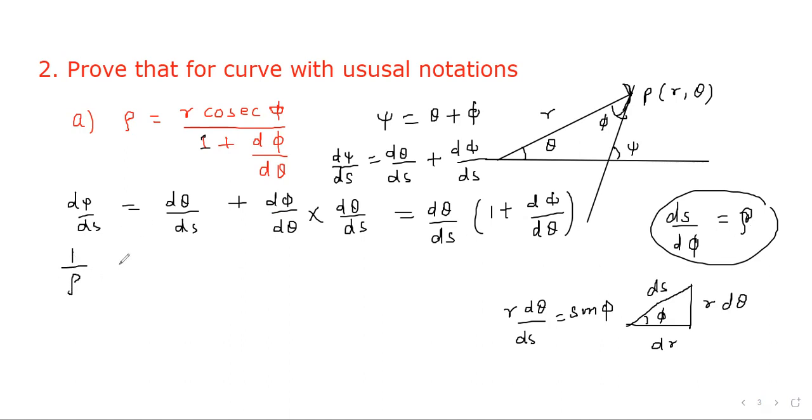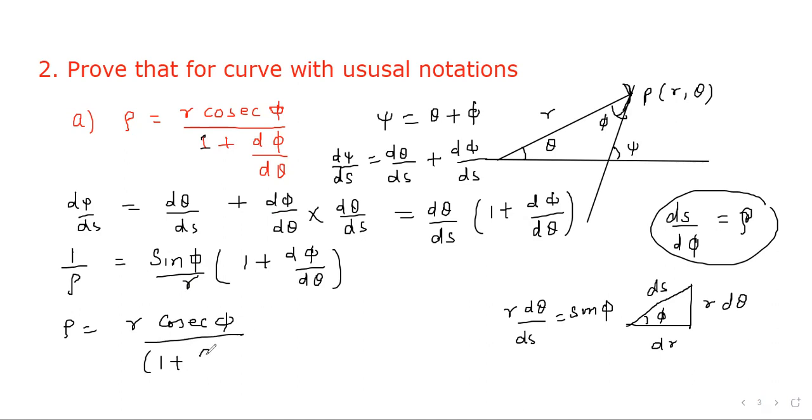So 1 upon rho equals d theta upon ds, and from here it will be sine phi upon r times 1 plus d phi upon d theta. So rho equals r, and inverting sine phi, this will become cosec phi divided by 1 plus d phi upon d theta. And that is our answer.